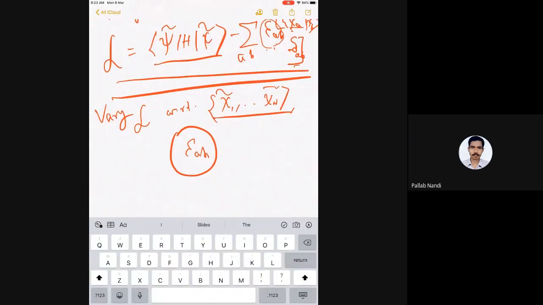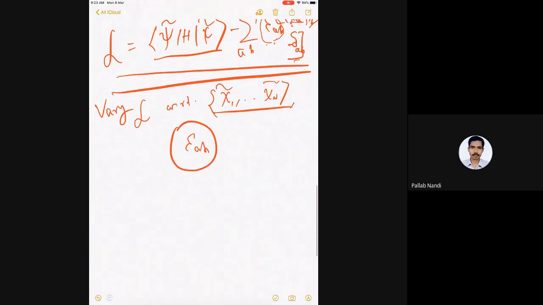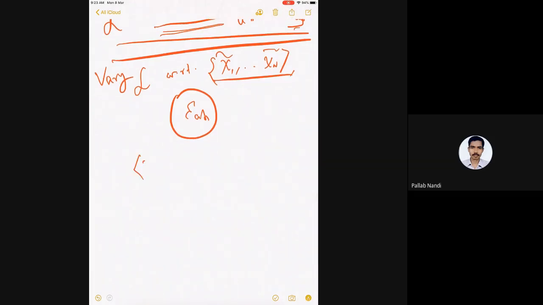Then what is done is to use the Slater-Condon rules to expand this in terms of the spin orbitals. We come up with an expansion, and I hope all of you remember this expansion in terms of the chi's.